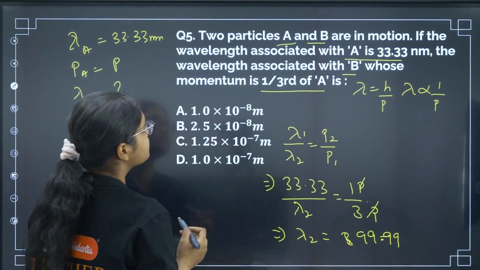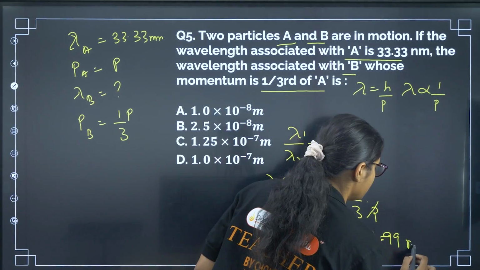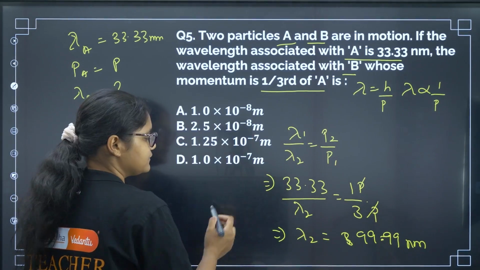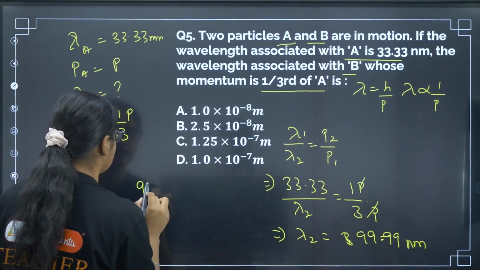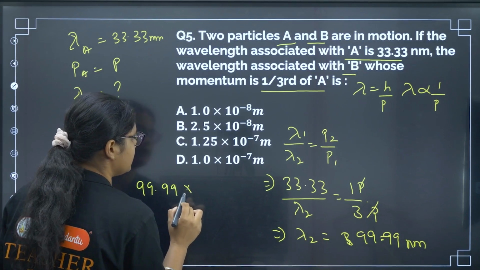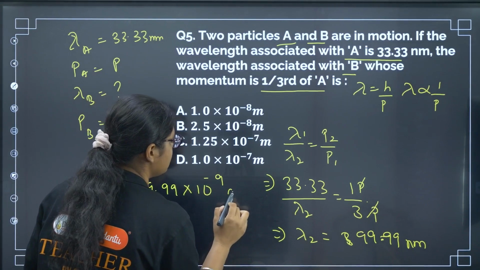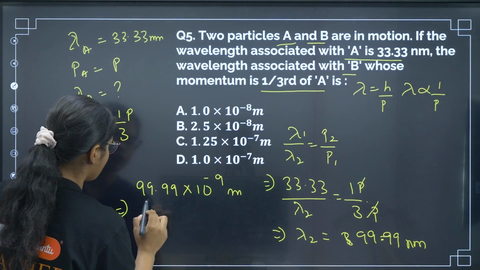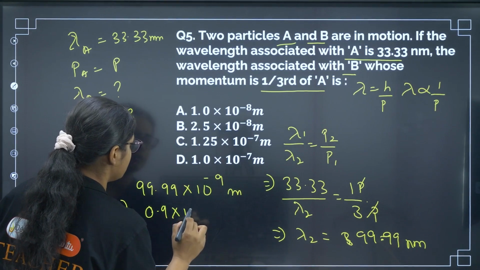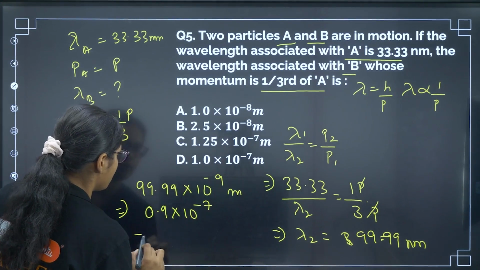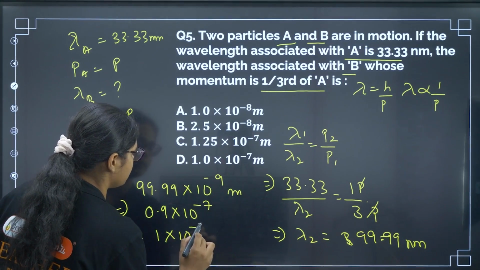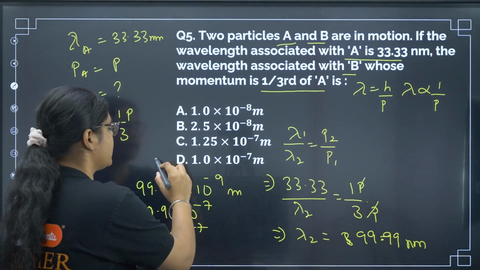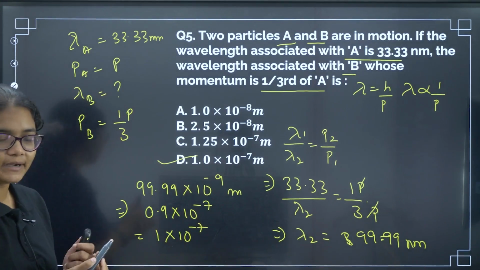The units you can see it is in nanometer. Okay, the options are in meters, so we can write this one as 99.99 into 10 to the power of minus 9 meter, which can be further written as 0.9 into 10 to the power of minus 7, or it is equal to 1.1 into 10 to the power of minus 7. So correct answer for this question is option number D.